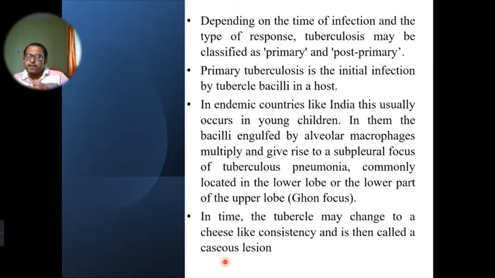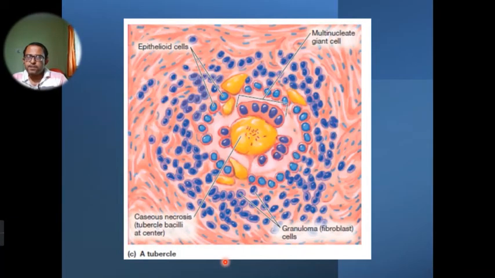Now, in time, this tubercle bacilli lesion may change to a cheese-like consistency and is then called a caseous lesion, which we have seen here. This is the caseous lesion which is produced in the primary infection.